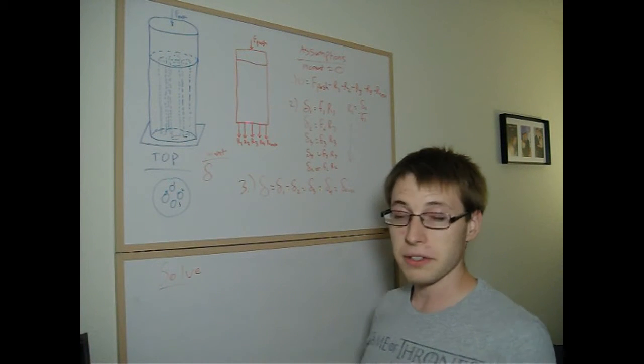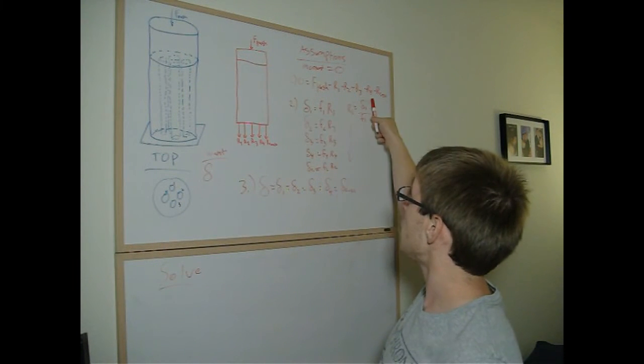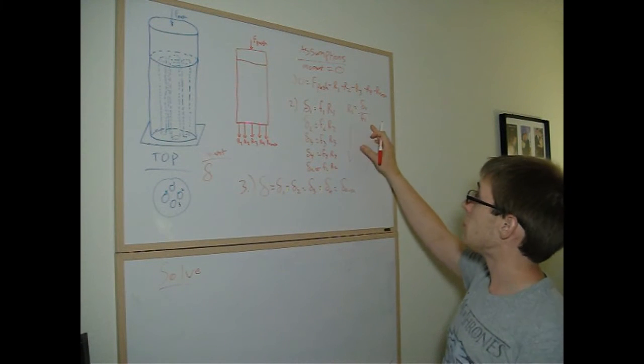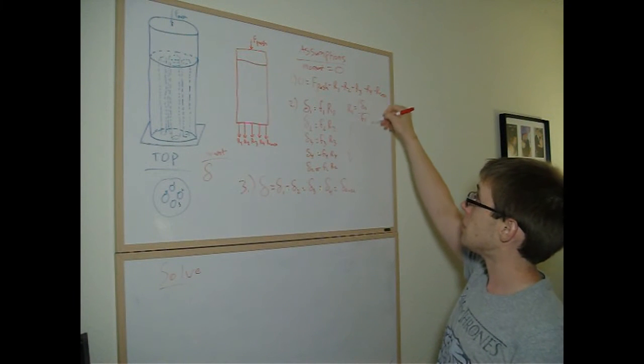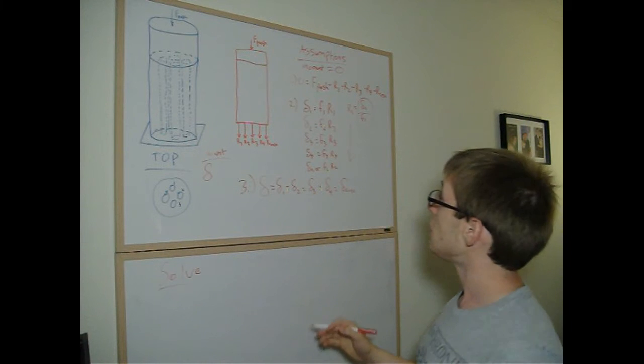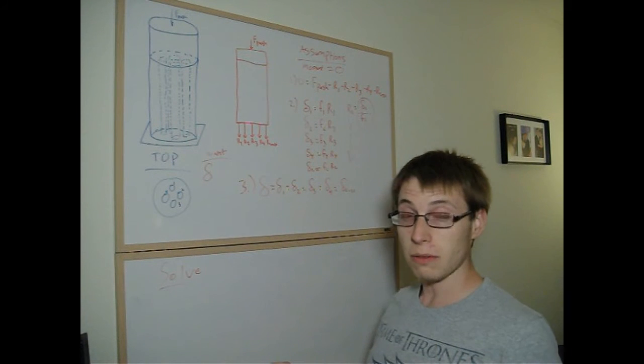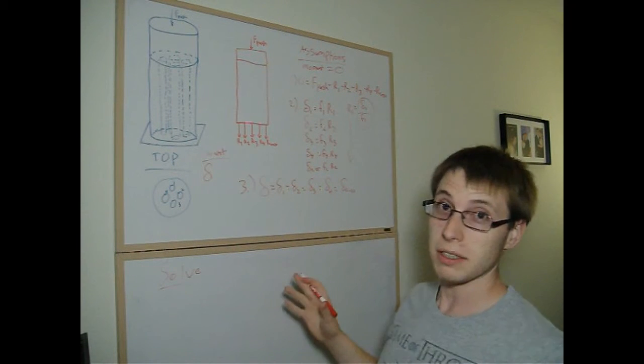First, we'll take equation 1 that we have here, and we'll sub in for R the delta over flexibility.